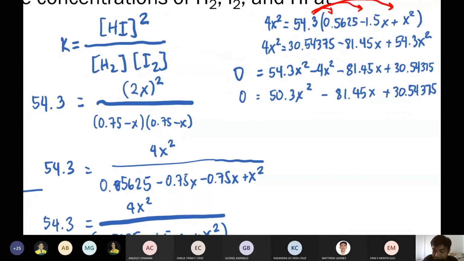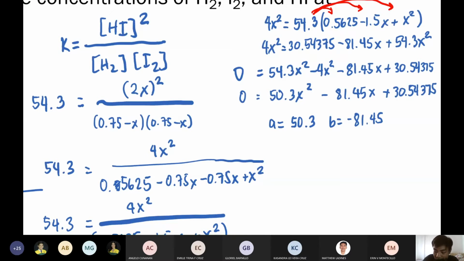Okay. So ano yung value ng a? Yun yung coefficient ng x square. So a is 50.3. Ano yung value ng b? Yun yung coefficient ng x, that is negative 81.45. O yung mga negative sign, isasama mo yun ha. Huwag nyo kakalimutan. Okay.